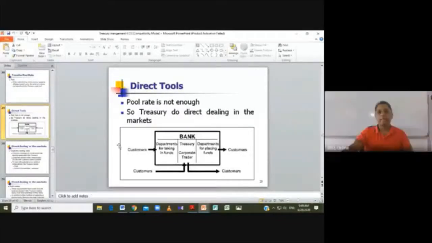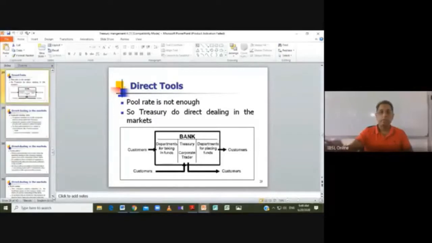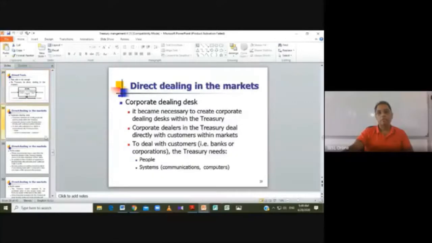So basically, direct tools. If they find that either the lending or borrowing rates are not in line with the market, or what we are getting from our depositors and our normal day-to-day clients is not in line, what will we do? We'll go out there and lend and borrow in the market itself, in the interbank. So what are the direct tools?